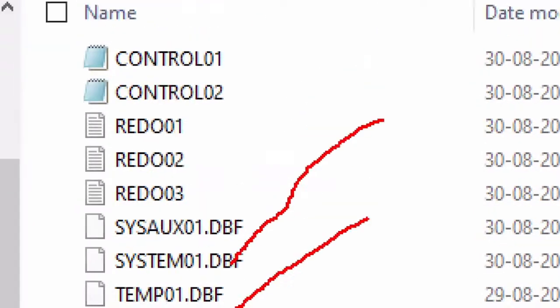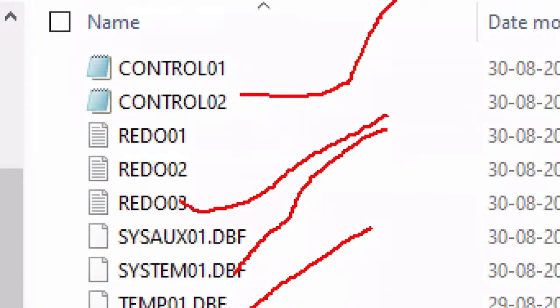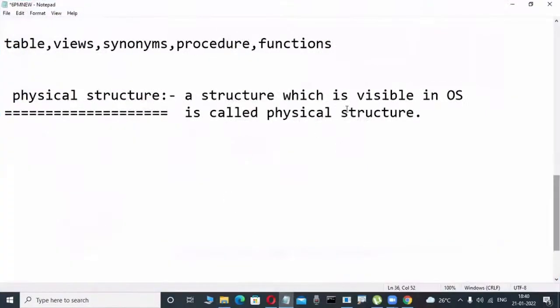You don't have an idea yet; later you will be familiar. Here control files, redo log files. These files are visible in the operating system. That is called the physical structure. But who works in the physical structure? Some different type of persons: the DBA, database administrator.